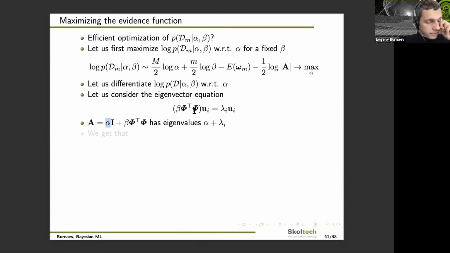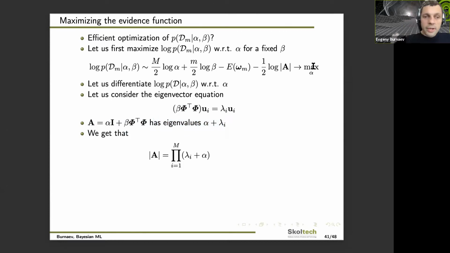Let us denote by phi transpose phi the regression matrix, and by u sub i its eigenvector, eigenvector number i. It's obvious that if lambda is the eigenvalue of this matrix, then the matrix A, which is equal to the sum of these two matrices, has eigenvalues alpha plus lambda sub i.